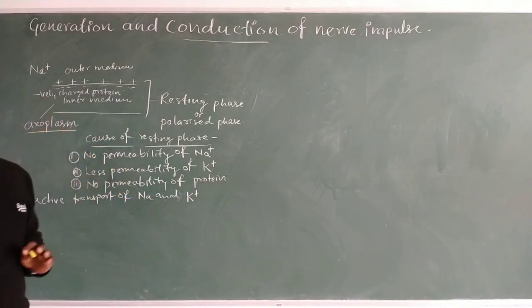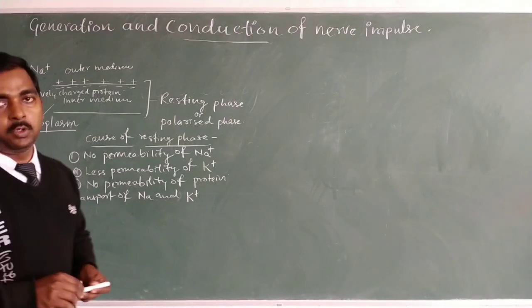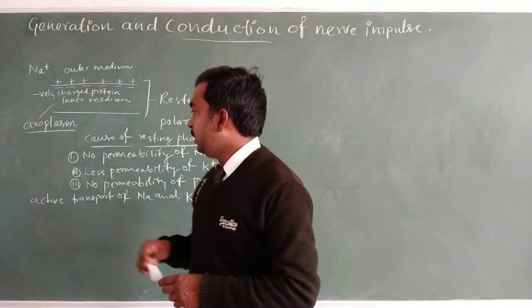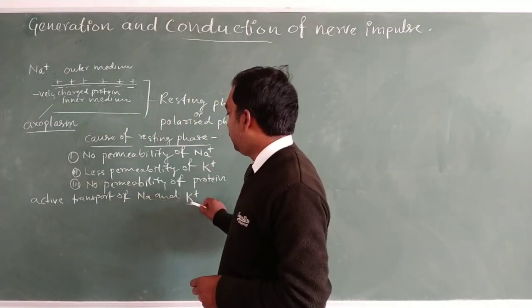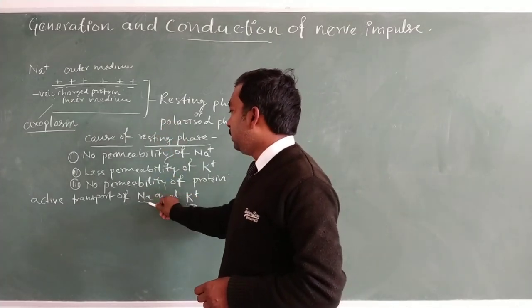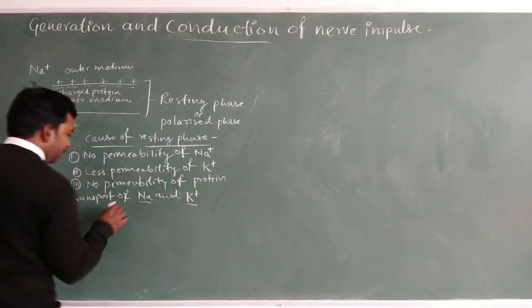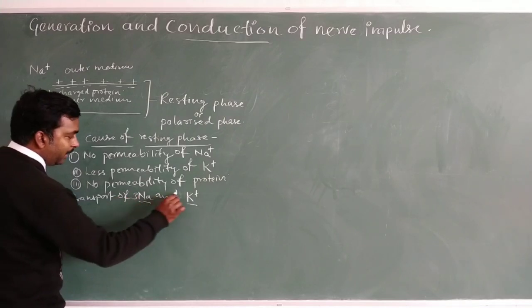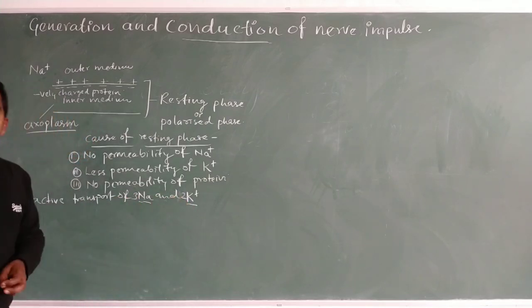During the active transport, two potassium ions come inside the plasma membrane, while three sodium ions go outside.